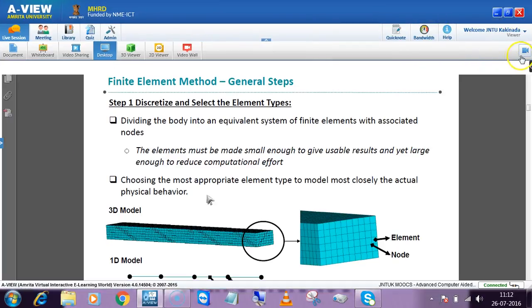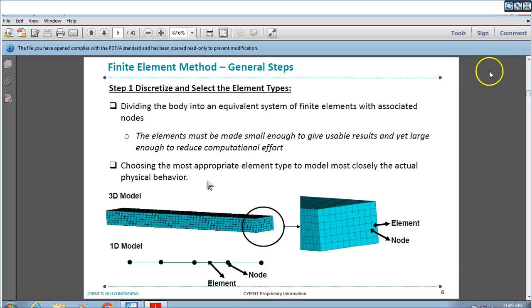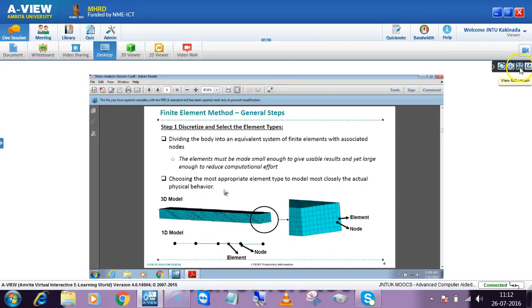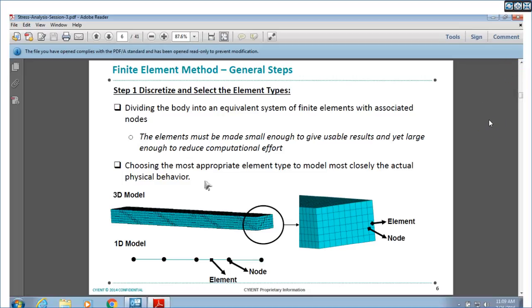There are various types of elements we have, which represent 1D model, 2D model, and 3D model. So we need to ensure that we choose an appropriate element type for the given problem. These are the two important things we need to consider while doing FE modeling.